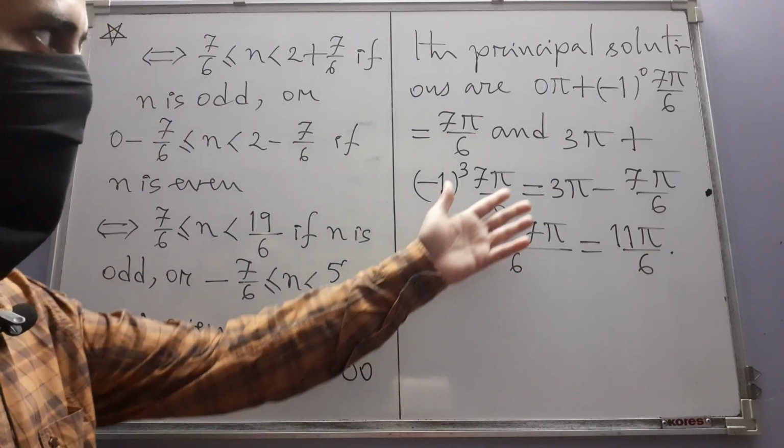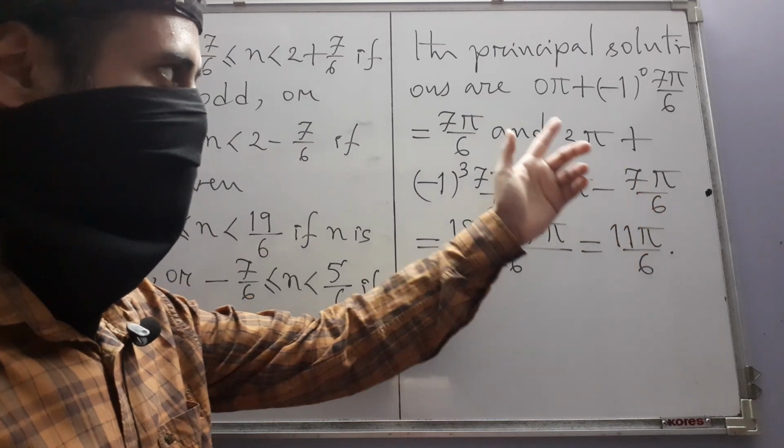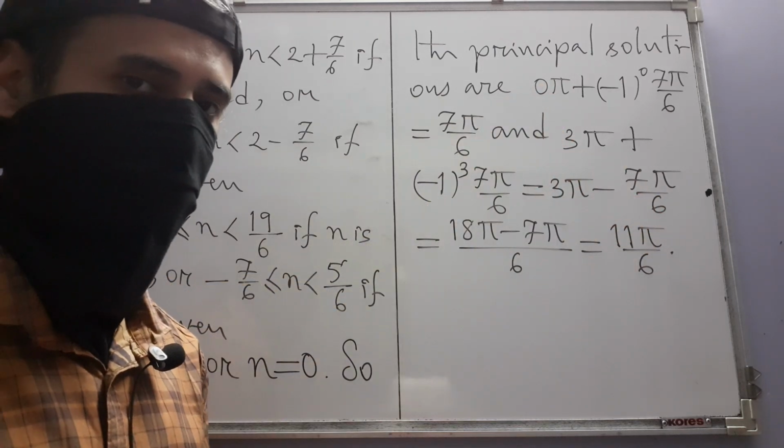Yes, one of the principal solutions is 7 pi over 6 and the other one is 11 pi over 6.